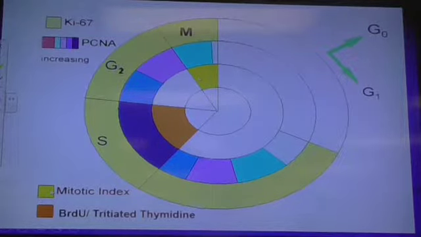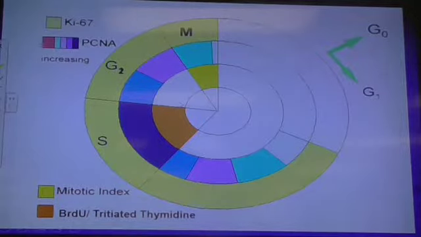Mitotic index is simply when it's mitotically dividing, so in the M phase. And bromodeoxyuridine or tritiated thymidine, which is a radioactive marker, actually binds to the DNA, and so you only see this in the S phase of the cell cycle.